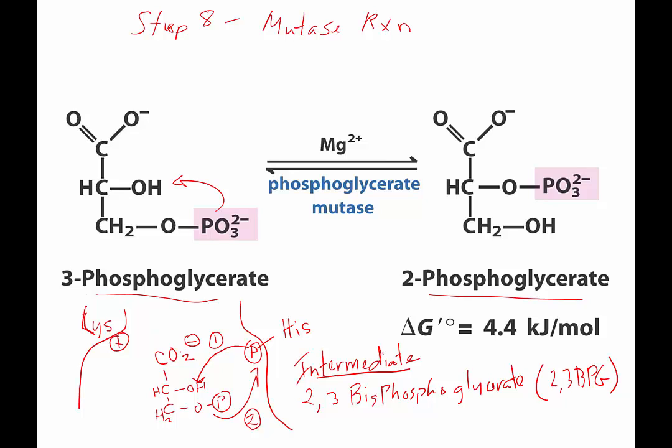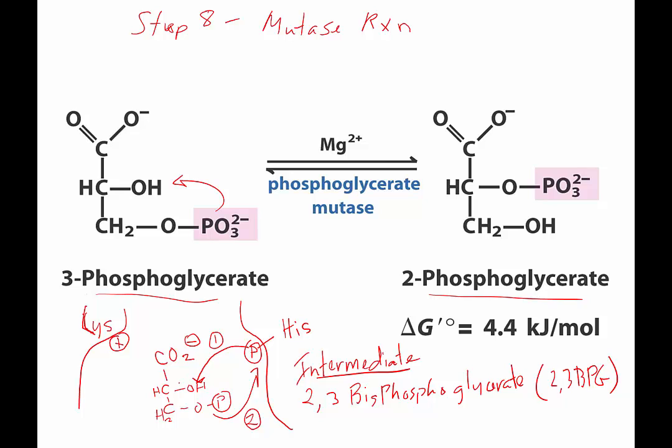It turns out that you actually need a small amount of 2,3-BPG made in order to phosphorylate the enzyme. So the enzyme initially can be phosphorylated by the 2,3-BPG, and then the phosphorylated form of the enzyme can react with this 3-phosphoglycerate to catalyze the phosphoryl group transfer. So the mutase reaction is basically a phosphoryl group transfer from the enzyme onto the substrate and then from the substrate back.